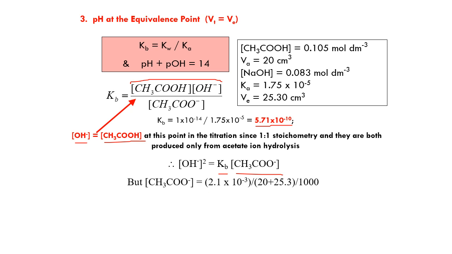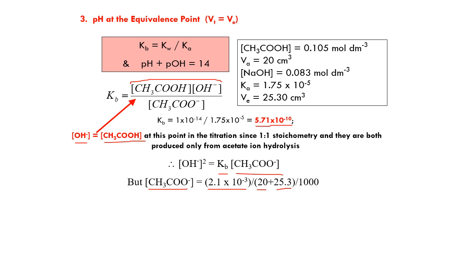First, we need to make sure we have the correct acetate ion concentration, which would be the number of moles produced divided by the total volume in the solution. So the original 20 of the acid that was there plus the 25.3 of the base which was added. Remember, this is the equivalence volume.